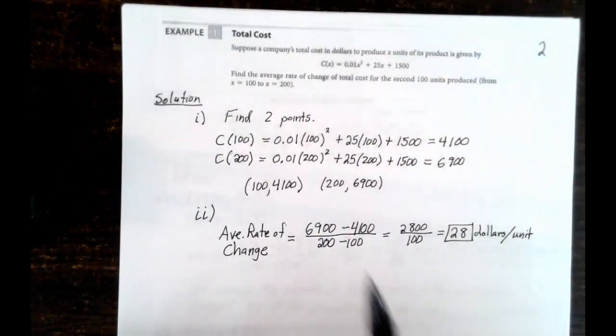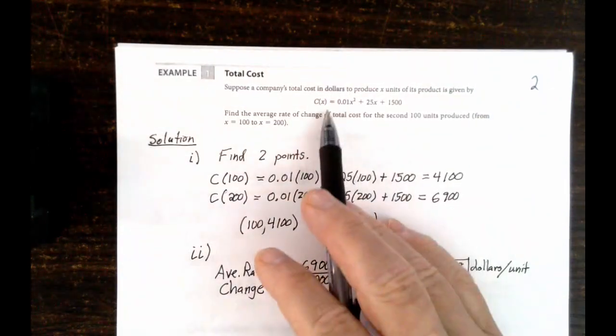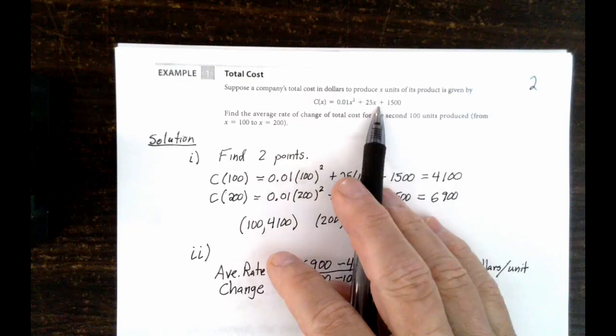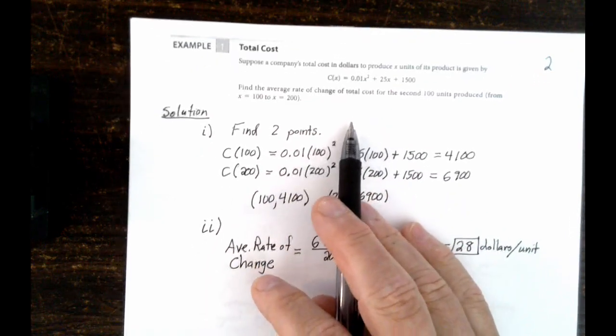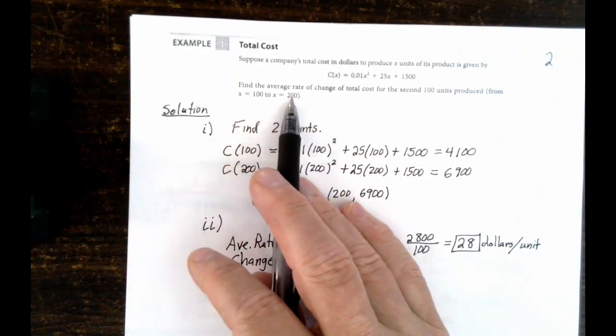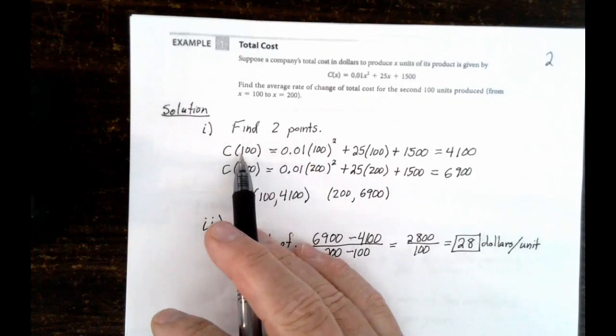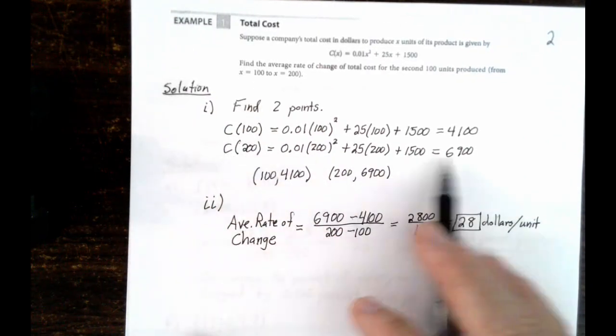All right, so let's talk about example 1 here. It says suppose a company has a total cost function given here. It says find the average rate of change of the total cost for the second 100 units produced, meaning from 100 to 200 units produced. Well, you have to find out the cost when you produce 100 and find the cost when you produce 200.